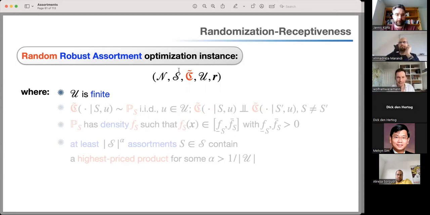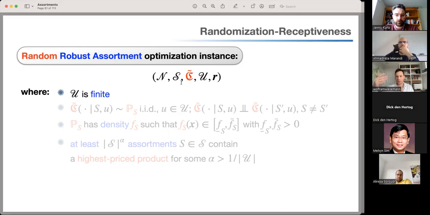What I'm looking at here is you can think of this as a random instance generator for robust assortment optimization problems. What this random instance generator does is it fixes a product universe. So the products are fixed. It fixes the set of admissible assortments. It fixes an uncertainty set, and it fixes the product prices. The only thing that is uncertain is our choice model.